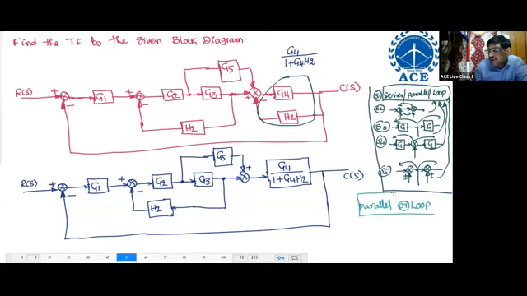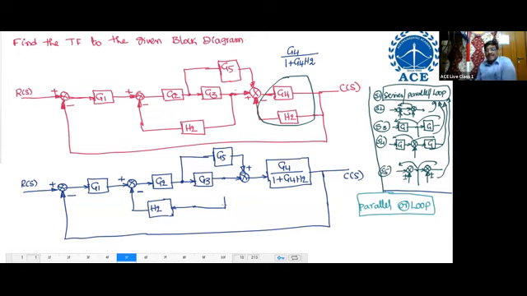Which blocks can I make a loop? Just think about it. If I look at this diagram, I get the idea that I can make G3 and G5 parallel. Yes or no? So if I remove this, what happened?